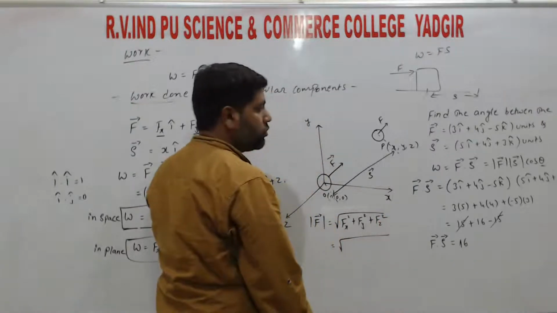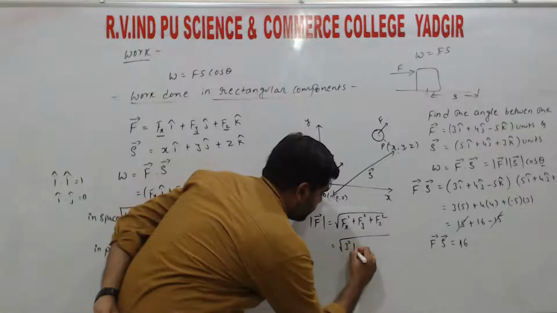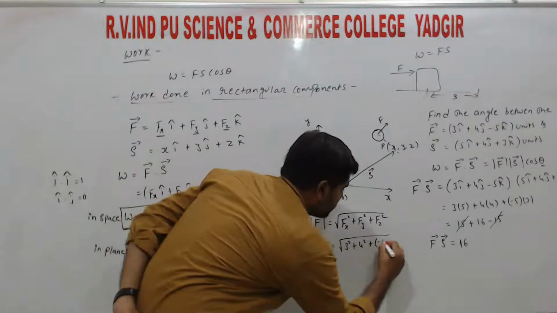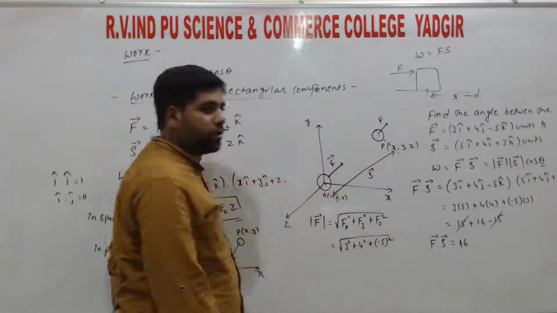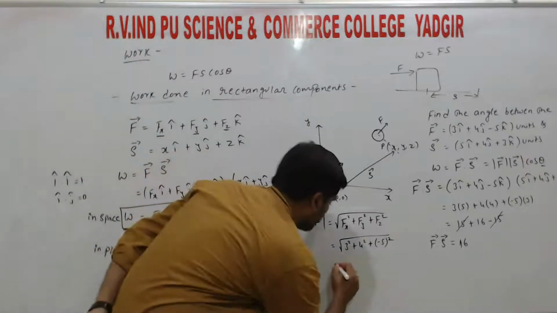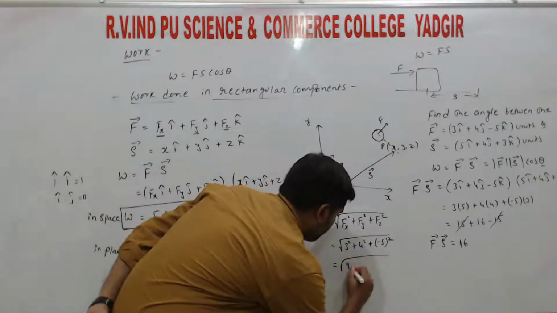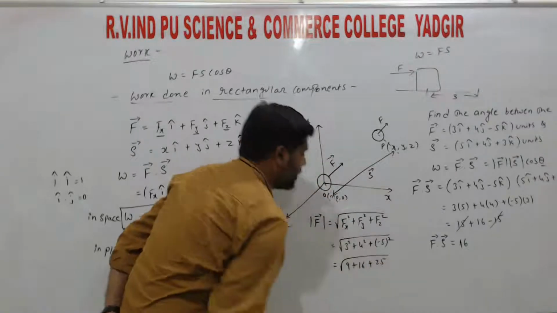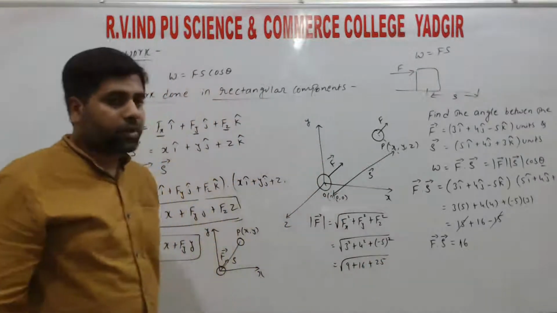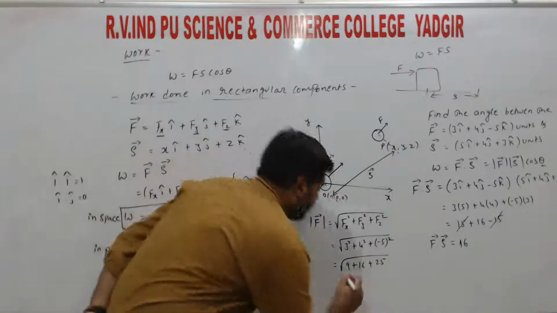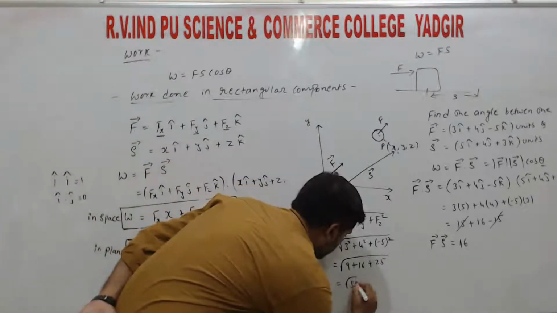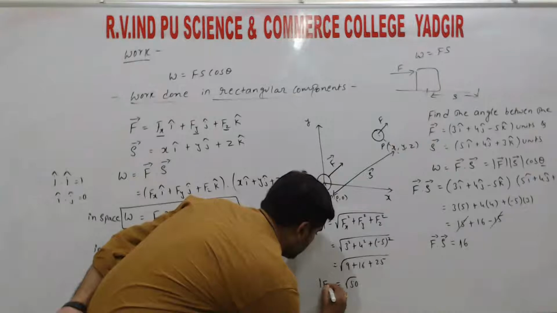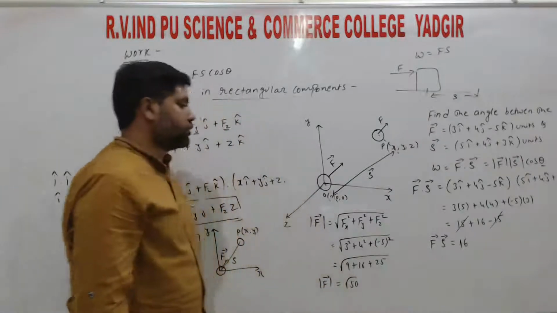So square root of 3 square plus 4 square plus minus 5 whole square, right? So square root of 9 plus 16 plus 25. 16 plus 9 is 25, 25 plus 25 is 50. That is root 50. This gives the magnitude of force.